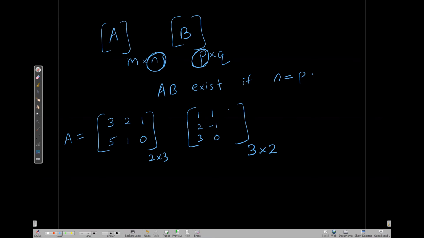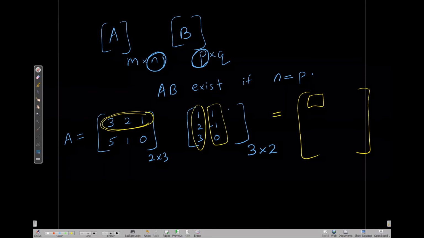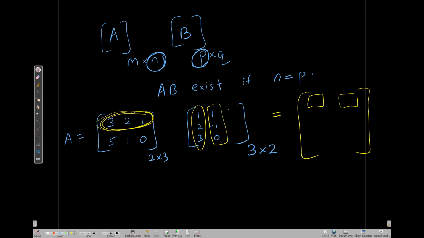Now let's see. When you multiply this row with this column, you get this entry, and this row with this column, you get the 1, 2 entry. Now we are done with this row.